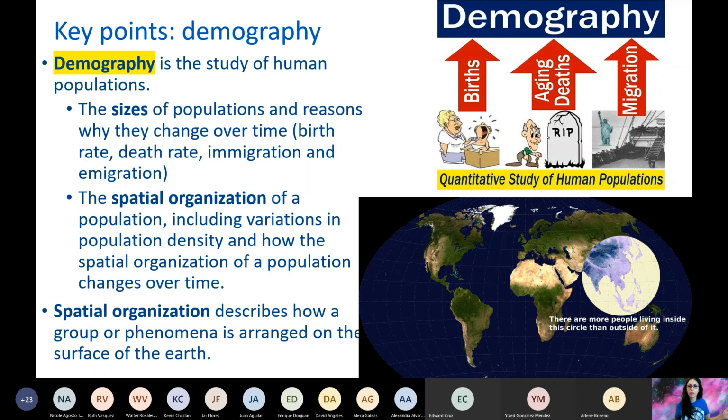That means how they're distributed or scattered through Earth. Are they clustered together in high population densities? Are they spread really far apart like hunter-gatherers used to be, in very low population densities? And how that changes over time too. And as I said before, spatial organization is all about how a group or phenomenon, the thing, is arranged on the surface of the Earth.